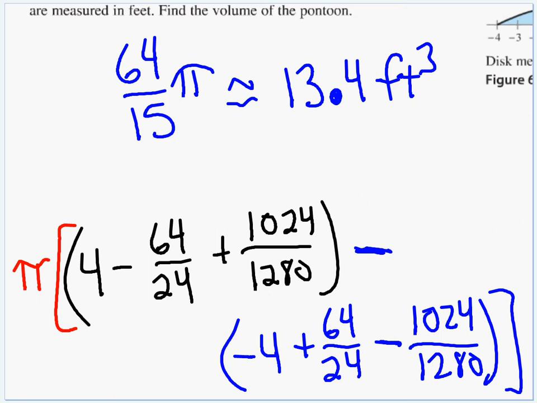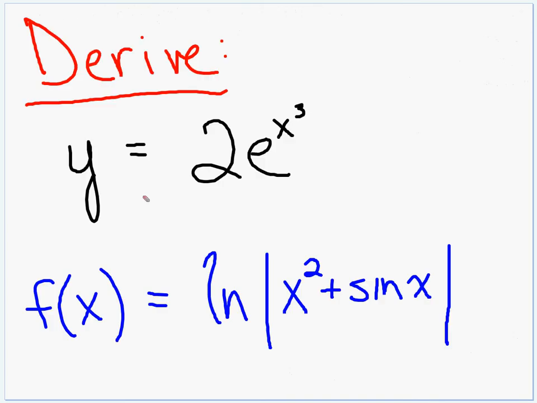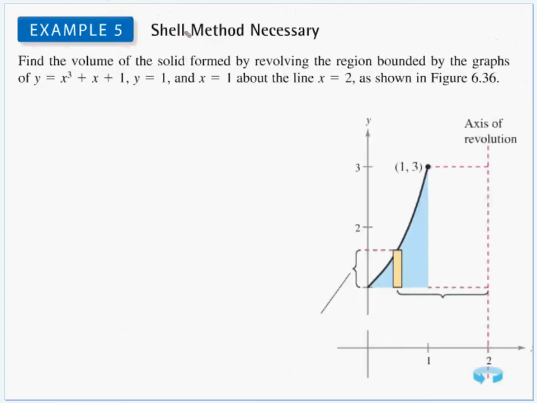Okay, I think we got one more example in this section. Yes, we do. And this one, oh, what's that? Shell method necessary. In this case, if we wanted to do disk, it'd be impossible. Because here's our function. If we want to solve that and get x by itself, we're not going to be able to do it.